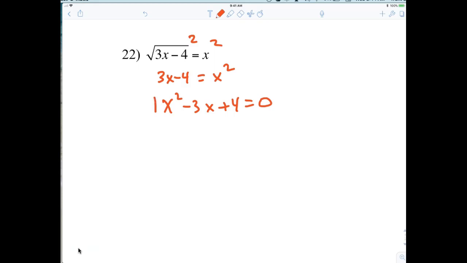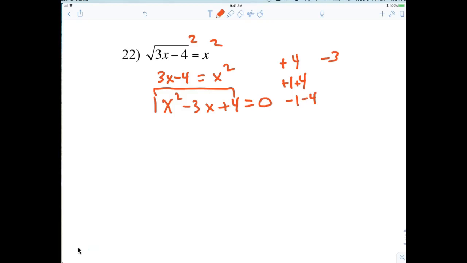Well, because you say the first times the last is positive 4. Do you agree? I'm trying to get negative 3. How do I get negative 3? Some people would say 1 and 4, but they either both have to be positive or they both have to be negative. And that doesn't equal negative 3. How did you get a positive?